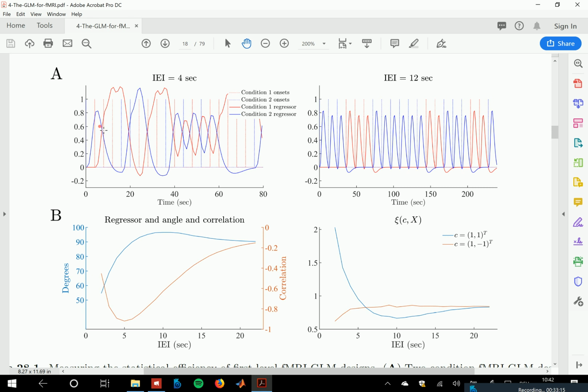Anyway, I generated random designs, maybe with a different number of stimuli, but I do it many times, so on average they have the same number of stimuli per condition. There is a sampling function behind this that I won't discuss now. Essentially, I just generate many designs randomly with varying inter-event intervals, so either there's a lot of time between events or there's little time between events.